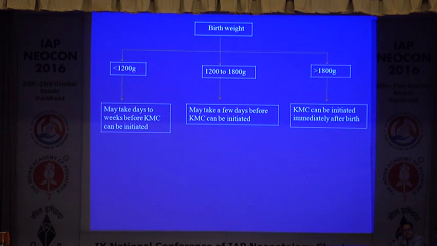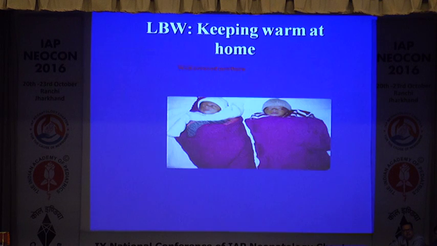Then if the baby's weight is less than 1200 grams, we can postpone KMC for a few days to a week. And if it is 1200 to 1800 grams, we can start it in a day or two. And if the baby's weight is more than 1800 grams, we can start on day 1 itself. So this is keeping warm at home.